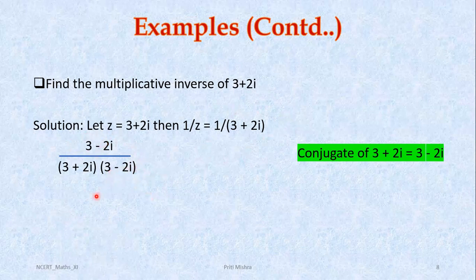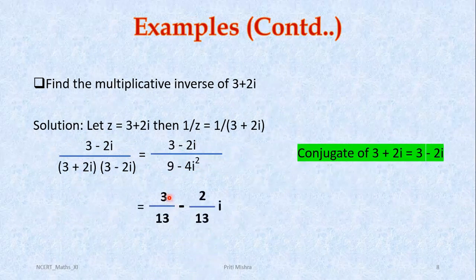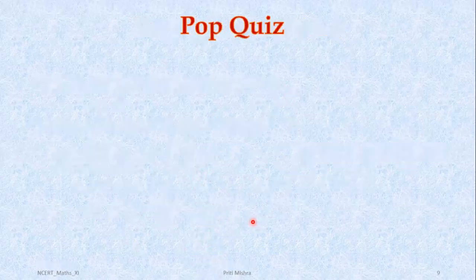So here, with the help of the algebraic identity a square minus b square, we will be having 3 minus 2i upon 9 minus 4i square. So it will give us 3 upon 13 minus 2 upon 13 i, because after solving this term, we are having 13 in the denominator. So this is the multiplicative inverse of 3 plus 2i.